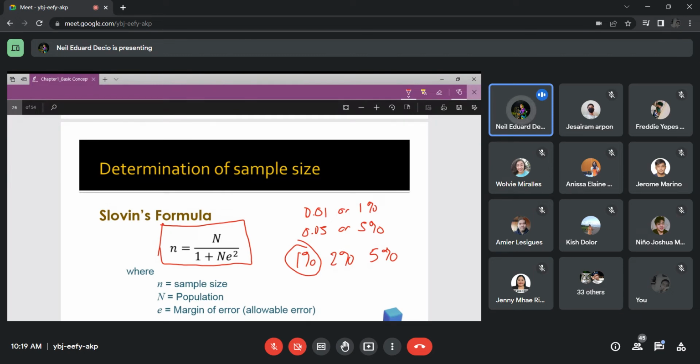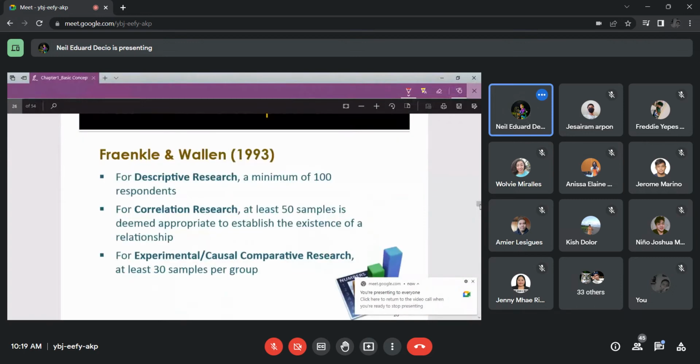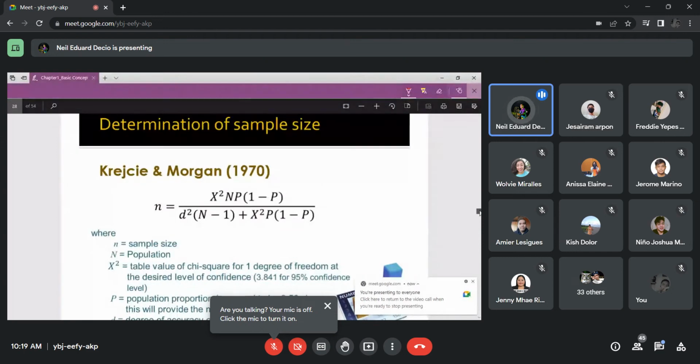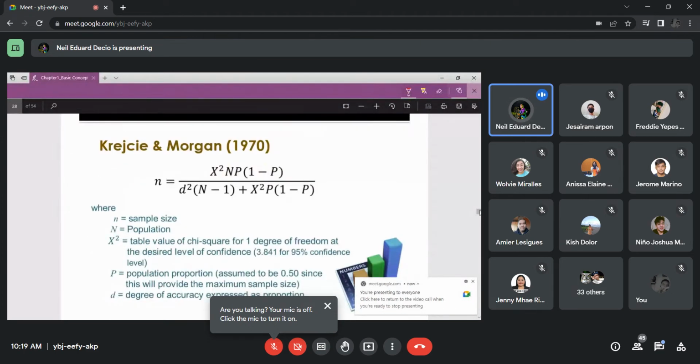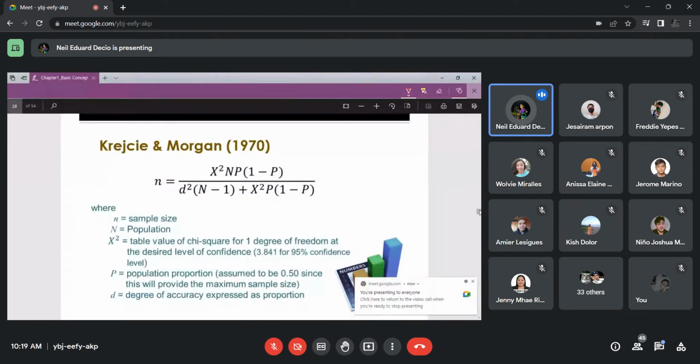And then we actually have another, pero actually that was a table lang, yung kay Krejcie and Morgan. So ginagamit nila itong formula na to, but then they already provided the table. Okay? They already provided the table sa number of population and then its corresponding number of samples.